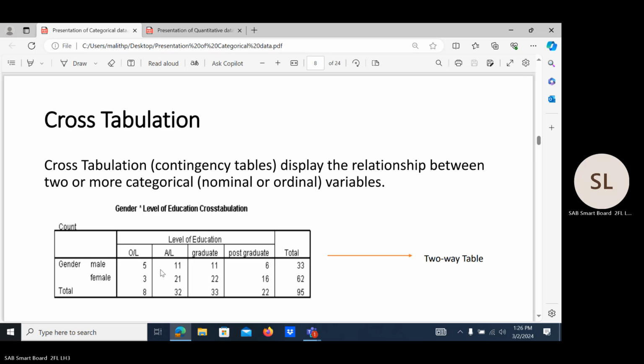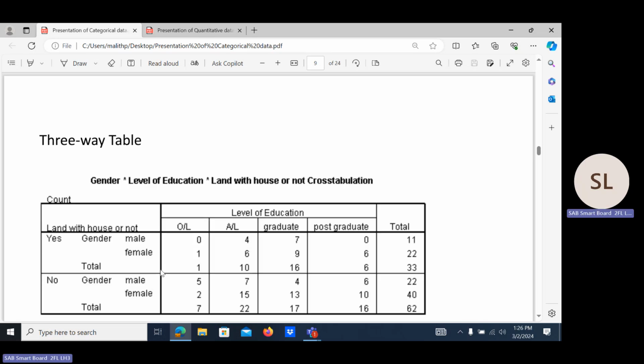Then we move on to another one. Here, how many variables are there? Gender, level of education, language, house or not. How many categorical variables are there?